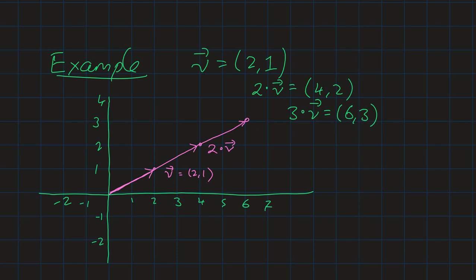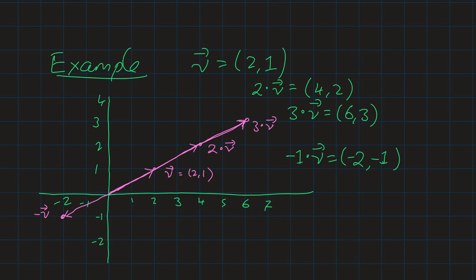The vector starts at the origin and it stretches all the way to the end, like that. How about something different? How about -1 times v? Well, that's going to be -2, -1. And if I plot that, that's just a direct opposite direction. So this here is minus v, or -1 times v.